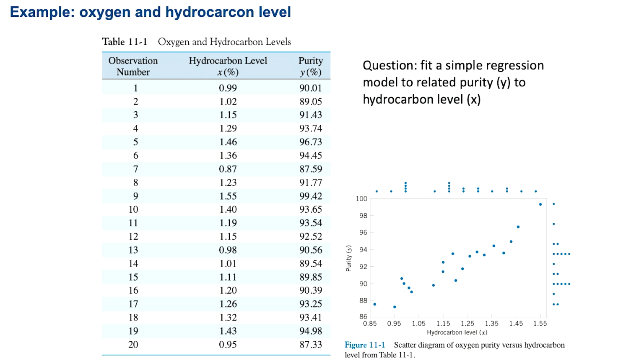As you can see, we have already plotted a scatter plot from these data points. On the x-axis we have hydrocarbon level X, and on the y-axis we have purity level. As you can see, it follows some diagonal trend.